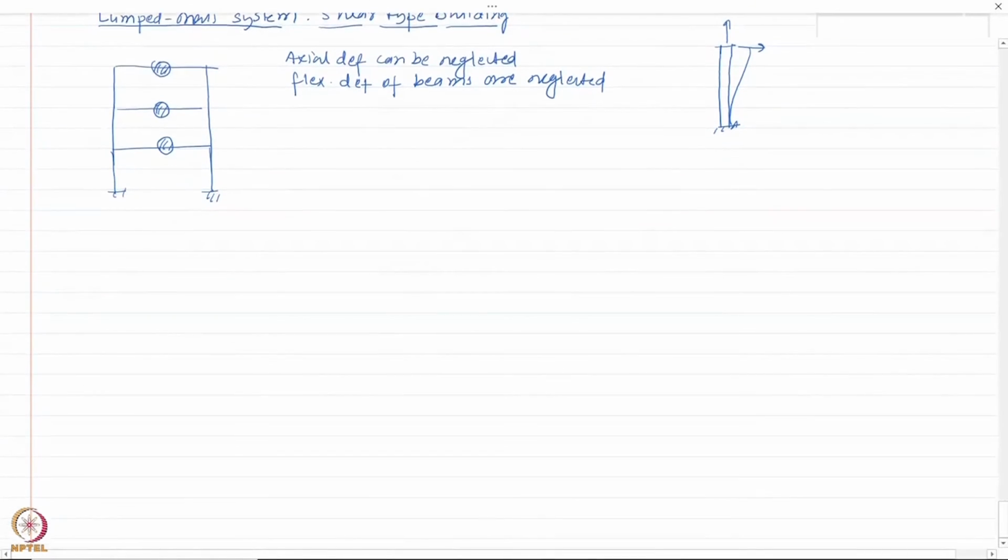So if you remember, in general, a 2D system at any node would have 3 degrees of freedom, right? This you might remember from your structural mechanics class. Now, if I say that the axial deformation on the beam and columns are neglected, this system basically reduces to this. Remember, there is no axial deformation, so this and this can be removed because there is no vertical deformation in the column.